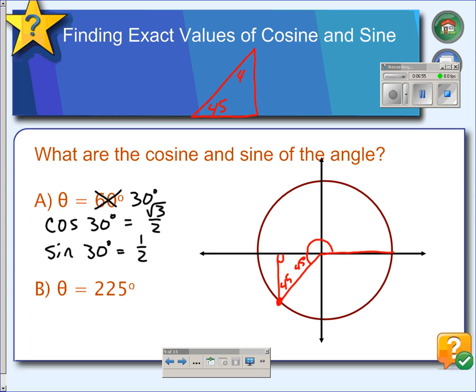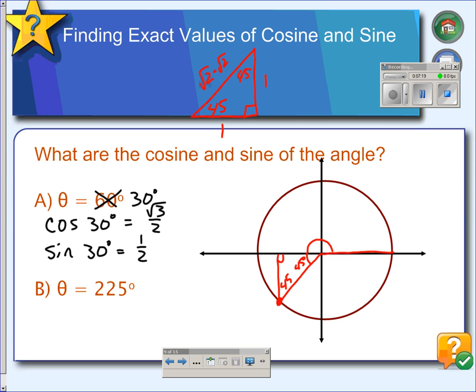In a 45, 45, 90, the two legs were 1, and the hypotenuse was √2. Since our hypotenuse is the radius of the circle, and we know the radius equals 1, we're going to have to do some manipulation here. So if we take √2 times √2, we know that equals 2.